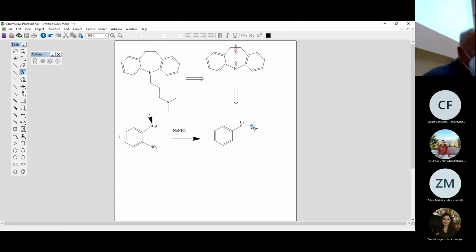A moment. I need a carbon atom with one nitrogen and a negative charge. Yeah, this one, with a nitro group, of course, in this position.